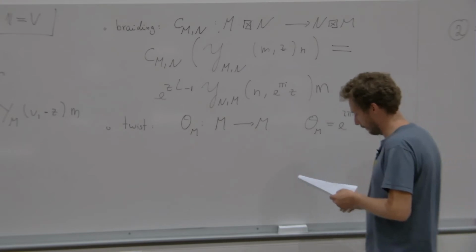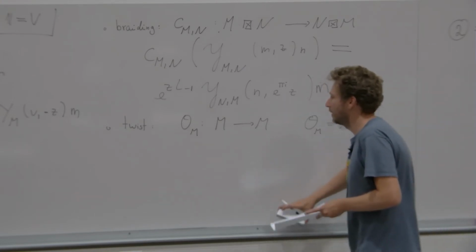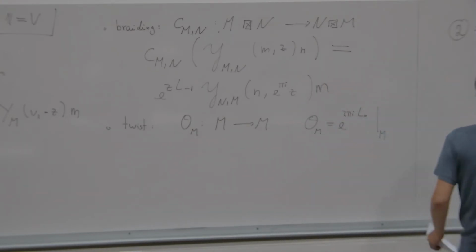So why do we call it twist? Those who know categories, what does the ribbon twist in a ribbon category satisfy? Anybody? I didn't present that. It satisfies a nice property.